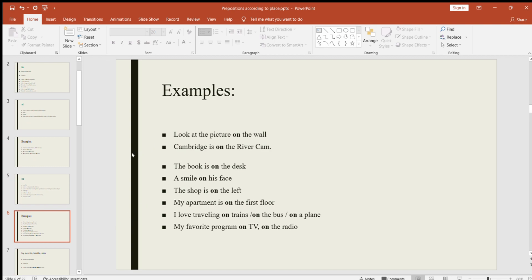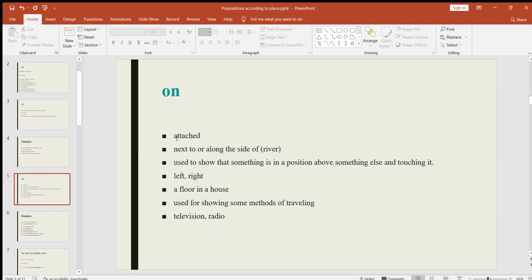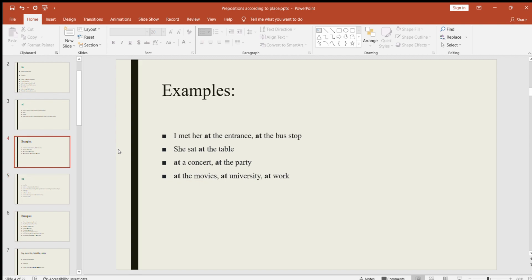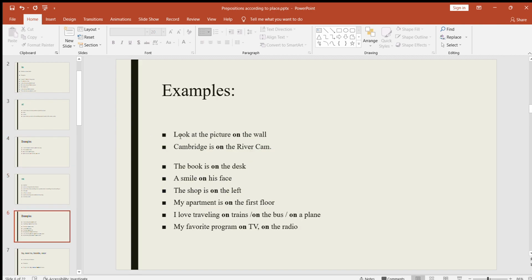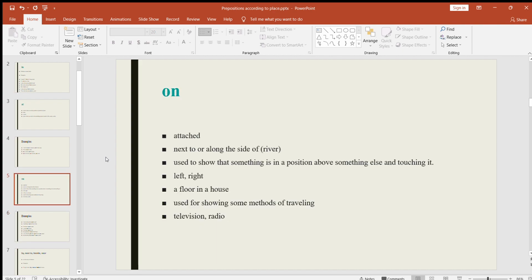We know the first one here is attached with something, like the whiteboard is on the wall. Attached with the wall. Here you can say, look at the picture on the wall, look at the whiteboard on the wall, or there's a clock on the wall. Next one is next to or along the side of a river, at the bank of the river.